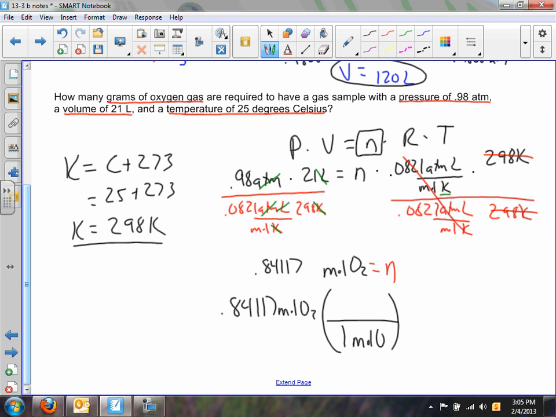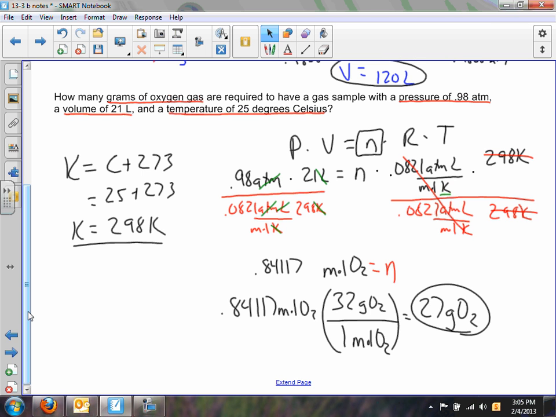The molar mass of oxygen, 1 mole of O2, is 32 grams. So when you take your number of moles times 32 grams per mole, we get, with 2 significant digits, 27 grams of O2. Again, one set of numbers implies you will probably use the ideal gas equation.